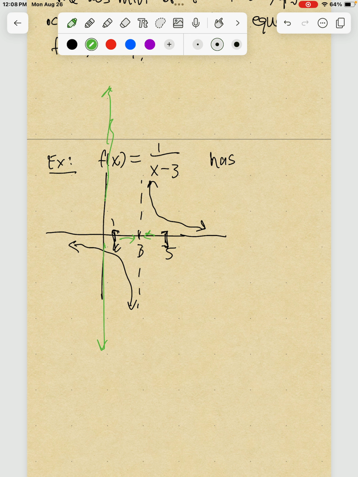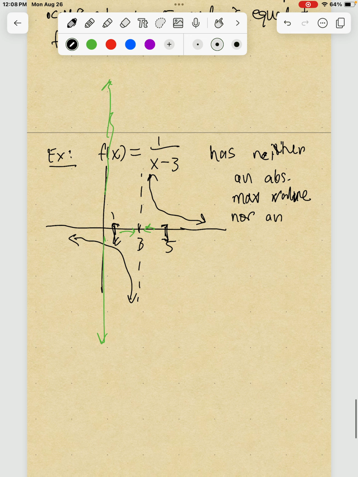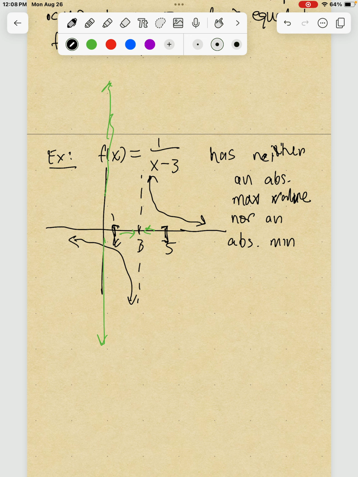So there's no biggest y value and no smallest y value that's achieved. So this has neither an absolute maximum value nor an absolute minimum value on the closed interval from 1 to 5.